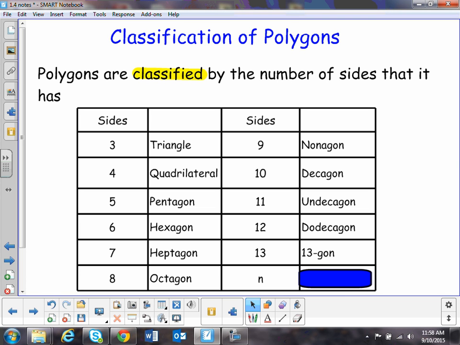So for 13 on down, they don't have special names for them. So you just do 13-gon, 20-gon, 50-gon, okay? And polygon has that style.